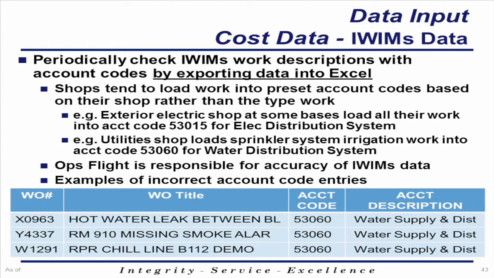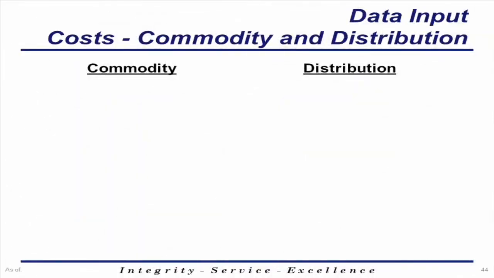Again, that may be electrical work, but it is definitely not water supply and distribution. And finally, one of the work order titles that we saw was repair chilled line at a building. Well, the repair of the chilled water line would be part of a chilled plant code, but it's not part of the water supply and distribution. So these are just examples of the things that you should look for when going through work order data.